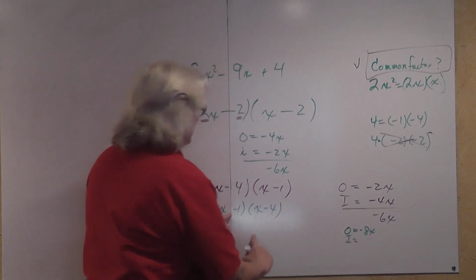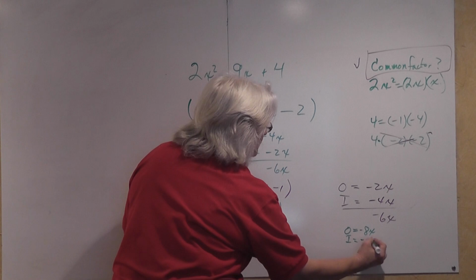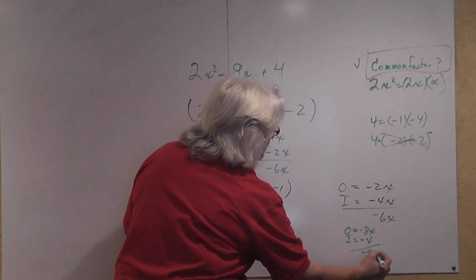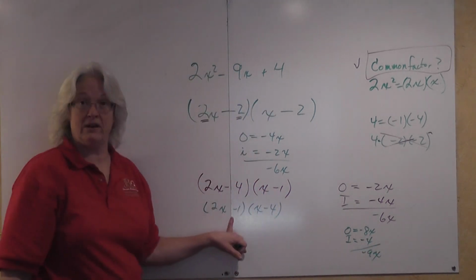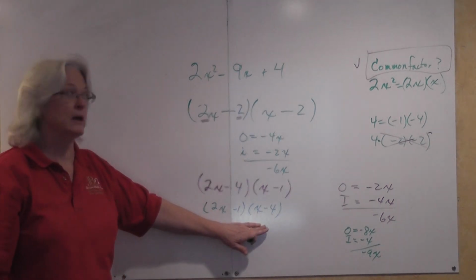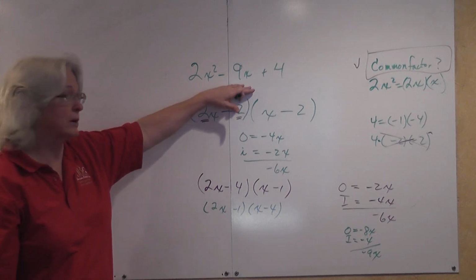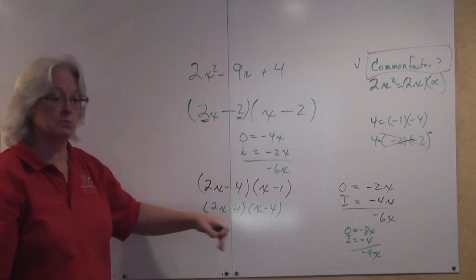Inner, -1 times x, -x. And there we get our -9x. So this is the factored form of 2x squared minus 9x plus 4.